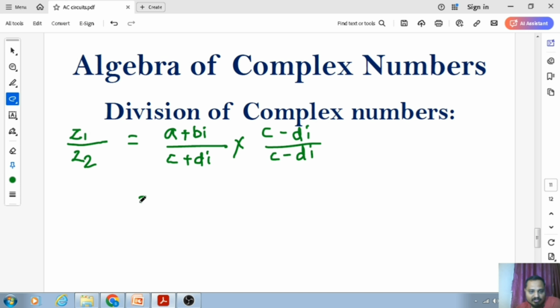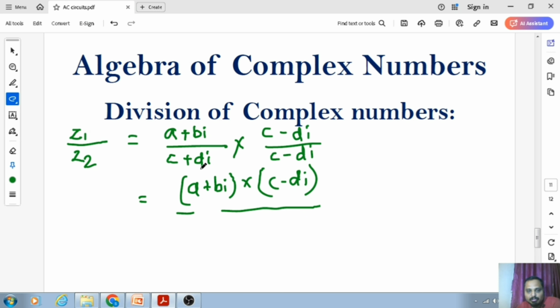So what we will get? We will get (a plus bi) multiplied by (c minus di) divided by (c plus di) multiplied by (c minus di), which is nothing but c square plus d square. Okay, you can further simplify this one.